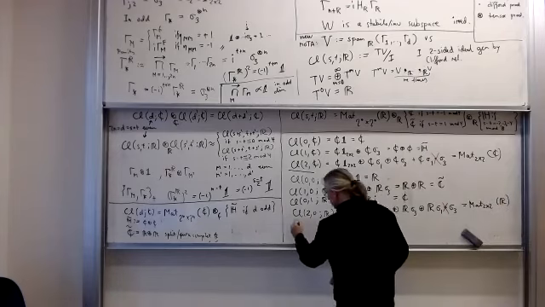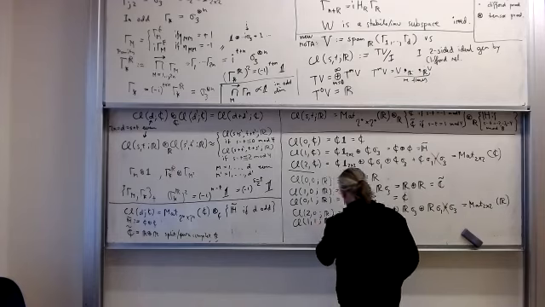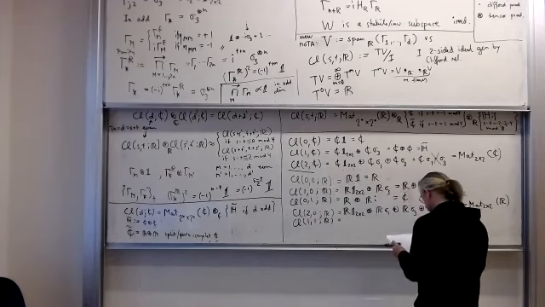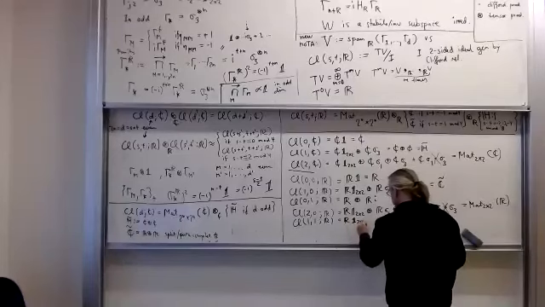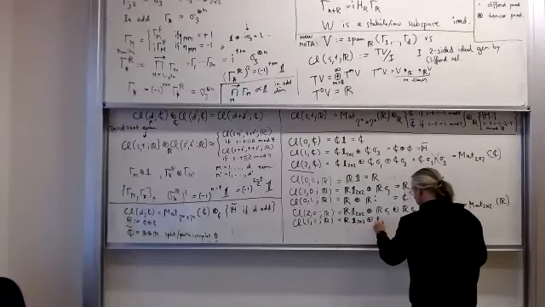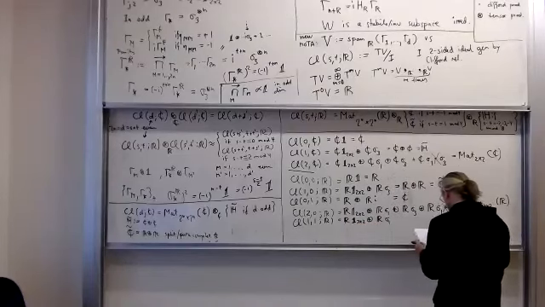And then there is CL 1,1. In this case, we get R 1 2 times 2 tensor R sigma 1.